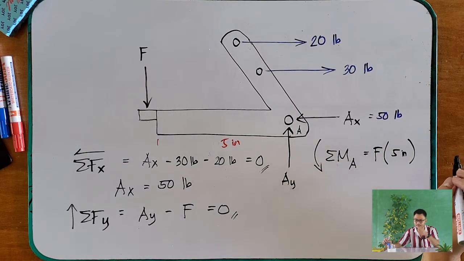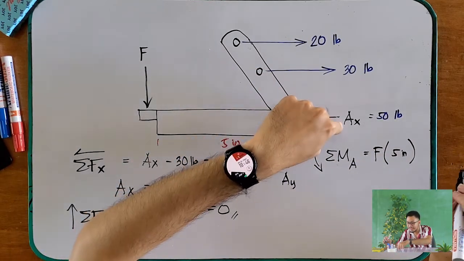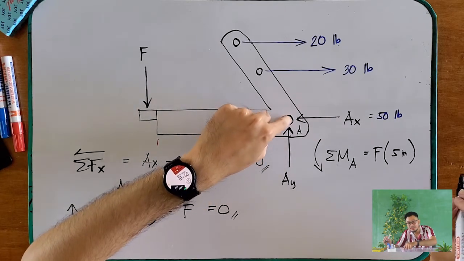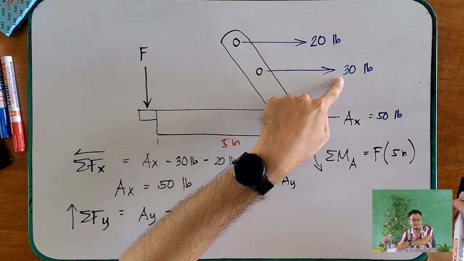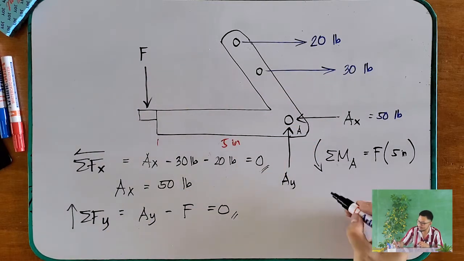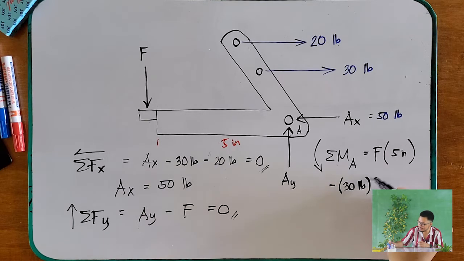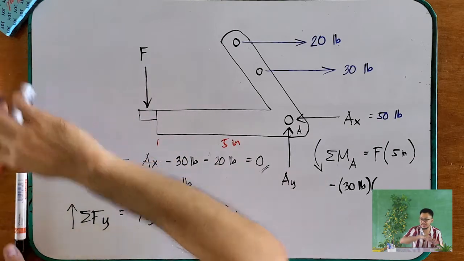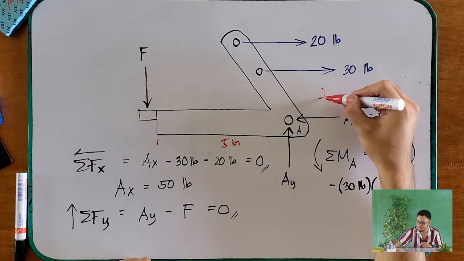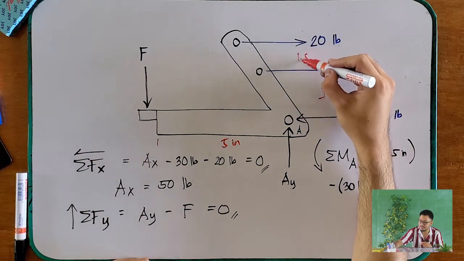Sunod, zero niya atong AX ug AY kay diri ta nag-moment, di ba? Kaning 30 pounds, is this positive or negative? This is minus 30 pounds times distance anak niya. Given the ray, this is 1 inch. This is 1.5 inch.